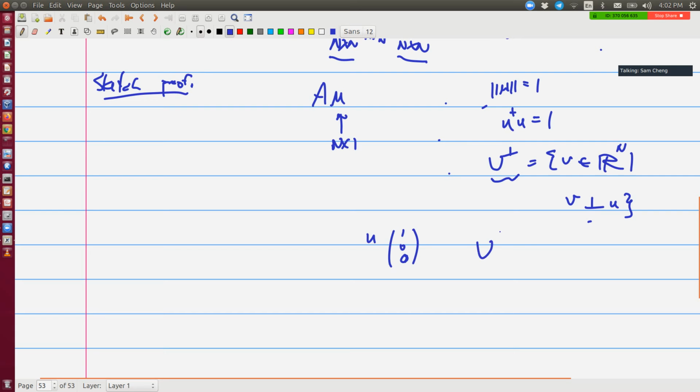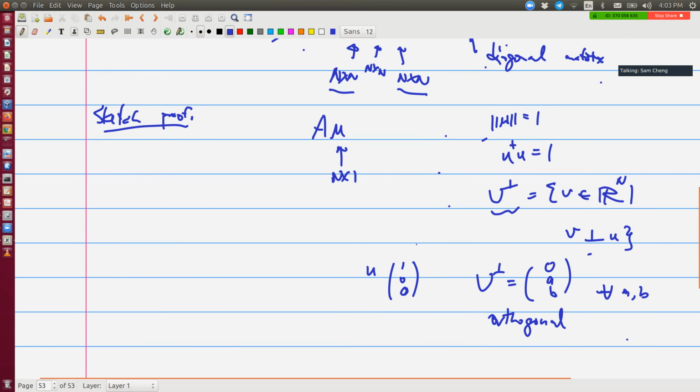Then U orthogonal will be a set of vectors of the form 0, a, b, for arbitrary a and b. Right. And this will be orthogonal to U.